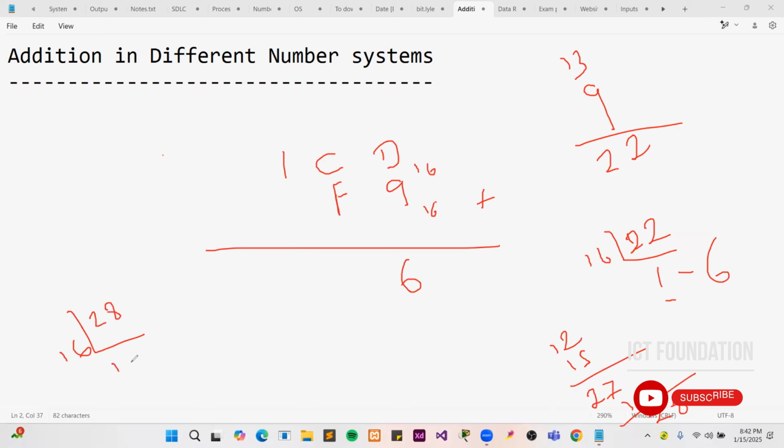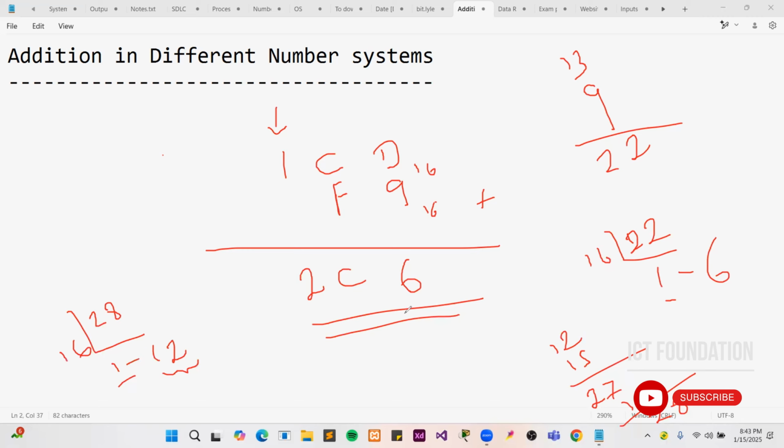One time it will be divided totally, then the remainder will be 12. 12 means you can write C here. Then one carry bit will be added with this one, so 1 plus 1 is 2. So 2C6 will be the correct answer for the hexadecimal calculation.